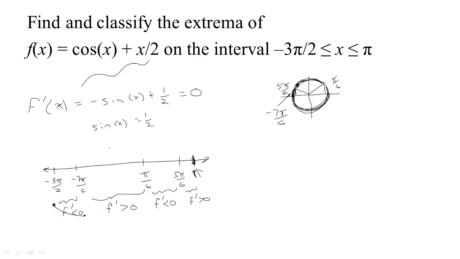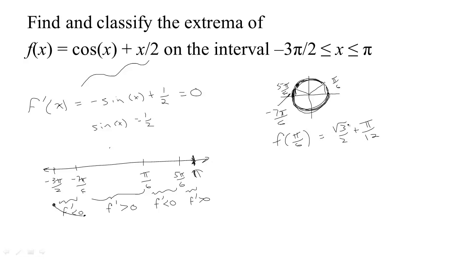The cosine of pi 6 is root 3 over 2, and half of pi 6 would be pi 12ths. Pi is about 3. So we say cosine of pi 6 is root 3 over 2, and then we're adding pi 6 over 2, so we're adding pi 12ths.